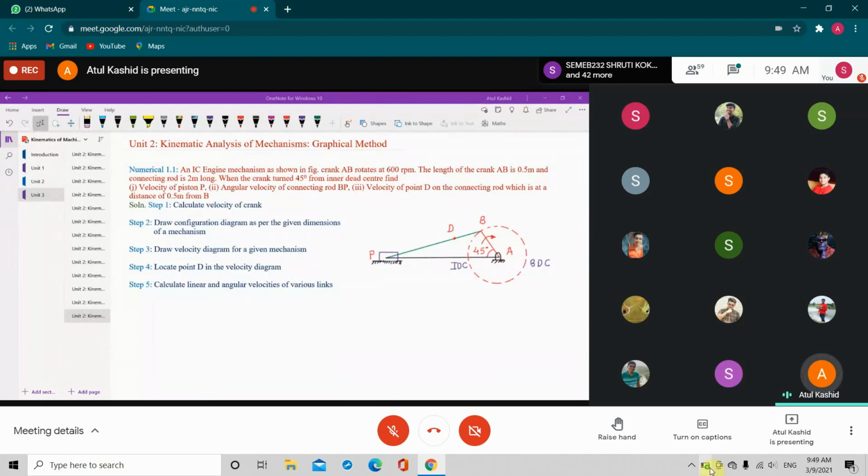Again, we will solve it in the next lecture. So it will be a little bit of practice from your side. You have to solve this numerical in the drawing book, come up with the answers, and I will once again go through this numerical in the next lecture, and then check whether you are getting the correct answers or not. Okay.